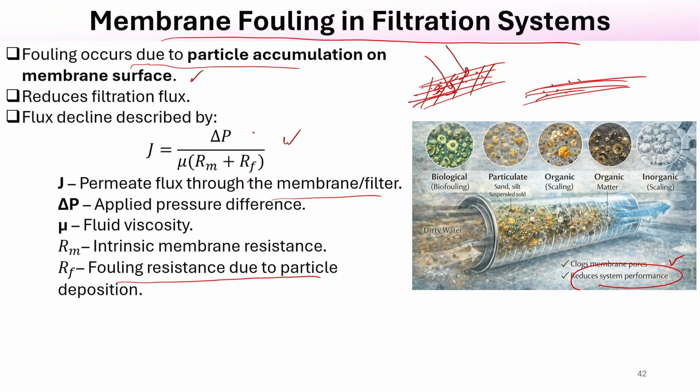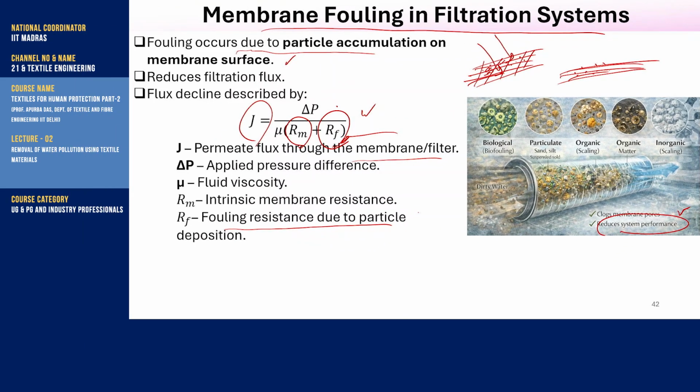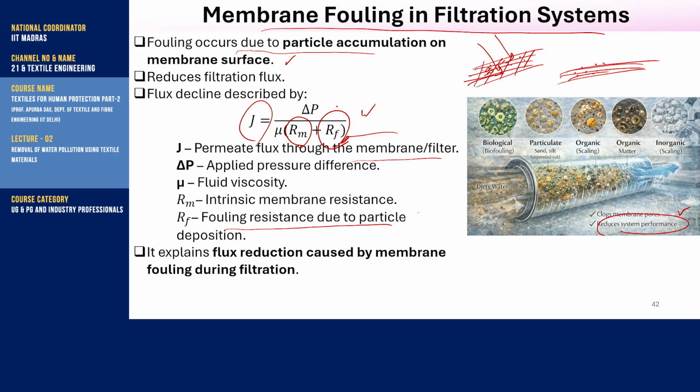There will be some intrinsic resistance of the membrane, but as fouling is generated, the pores get blocked. That will enhance the total resistance, so flux will reduce. This is membrane fouling. It explains the flux reduction caused by membrane fouling during filtration.